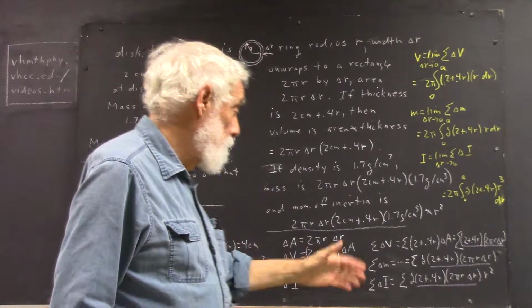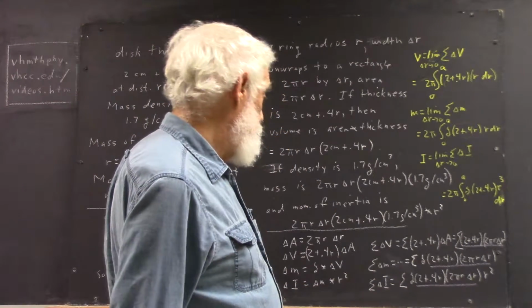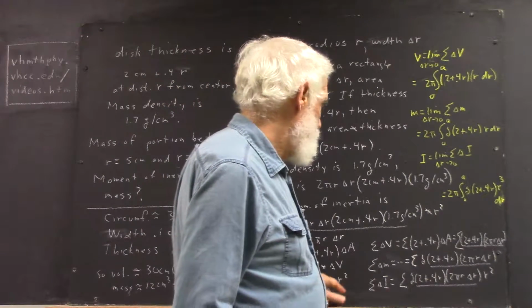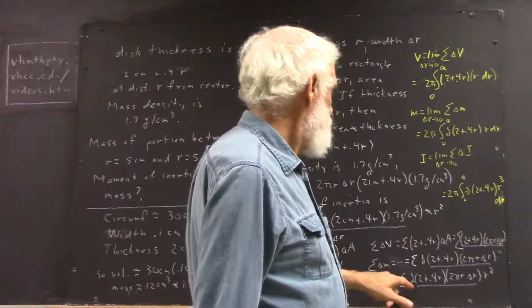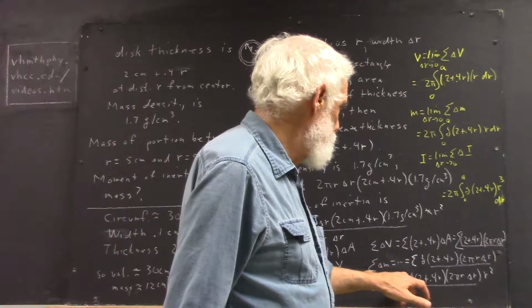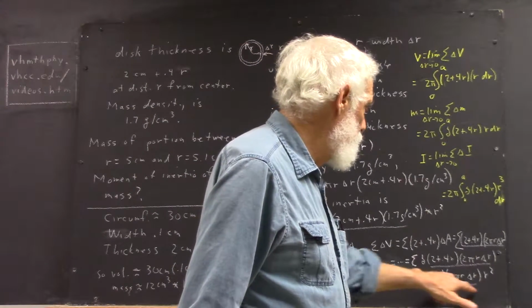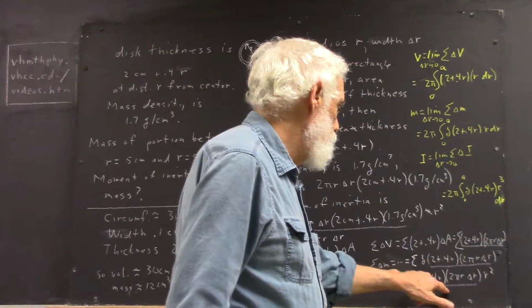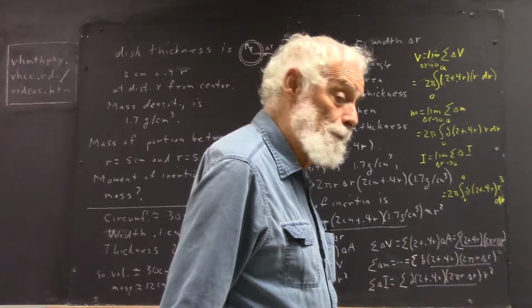Then to get your total moment of inertia, you've just got to add up all of those. The contribution from each is your mass, which is the delta times the volume, and I've underlined the volume in purple. So there's your mass times r squared.